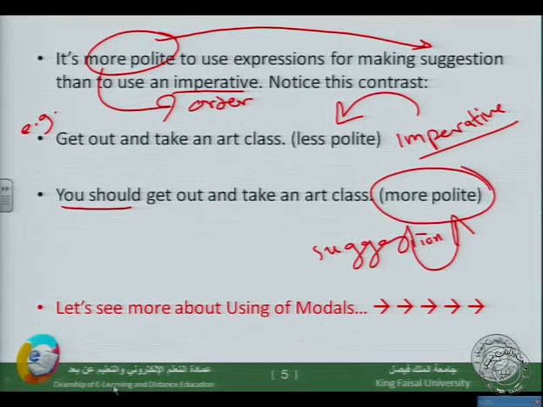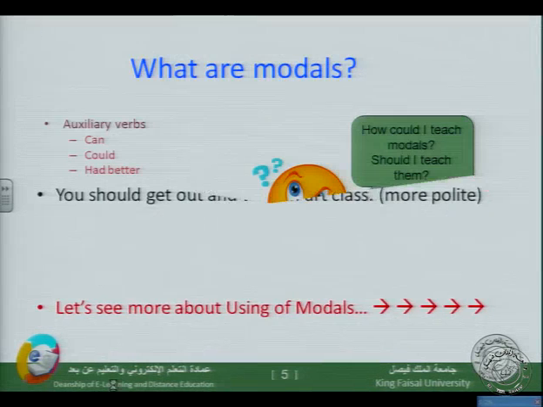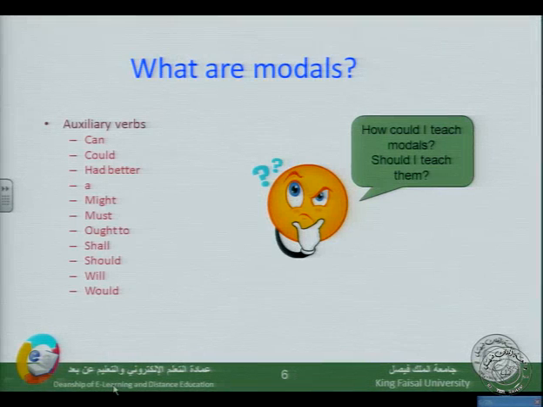Okay, so let us see now more about using of modals. So hopefully you got the main idea right here. Okay, what are modals?